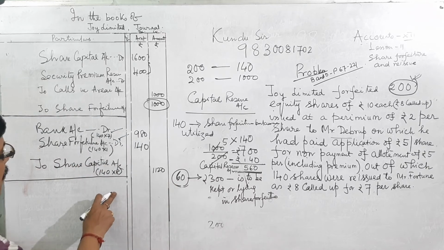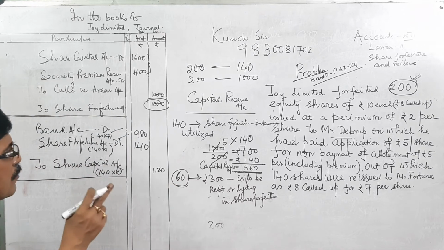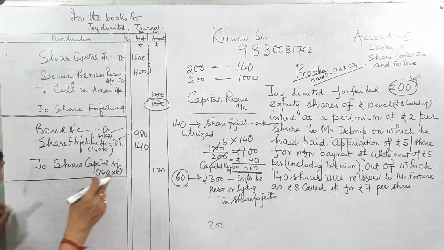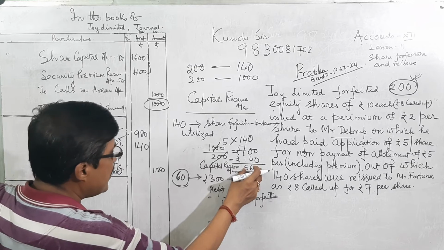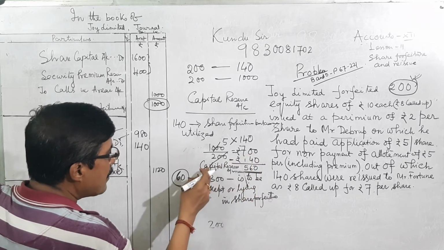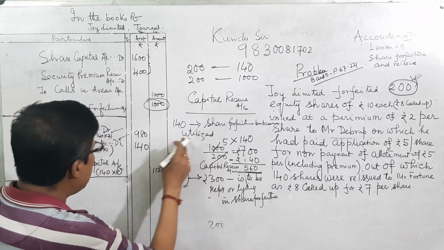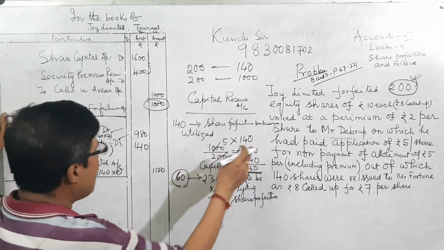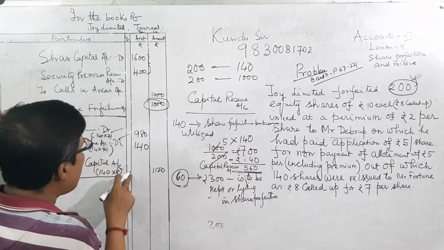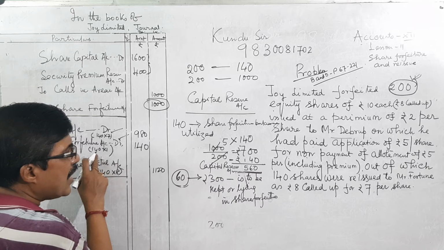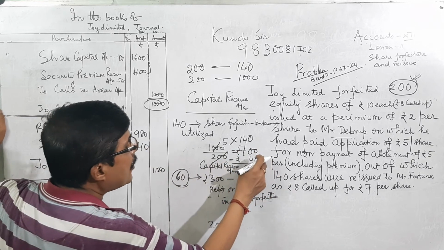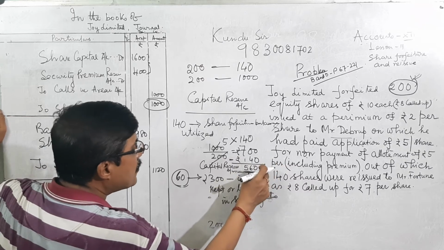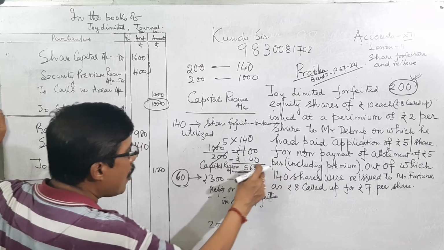So now we are passing the last entry for this problem. How much benefit we have derived from here? 560 from share forfeiture account, because 700 we can utilize for 140 shares, but out of 700 only 140 is utilized. 560 is benefit for the company.